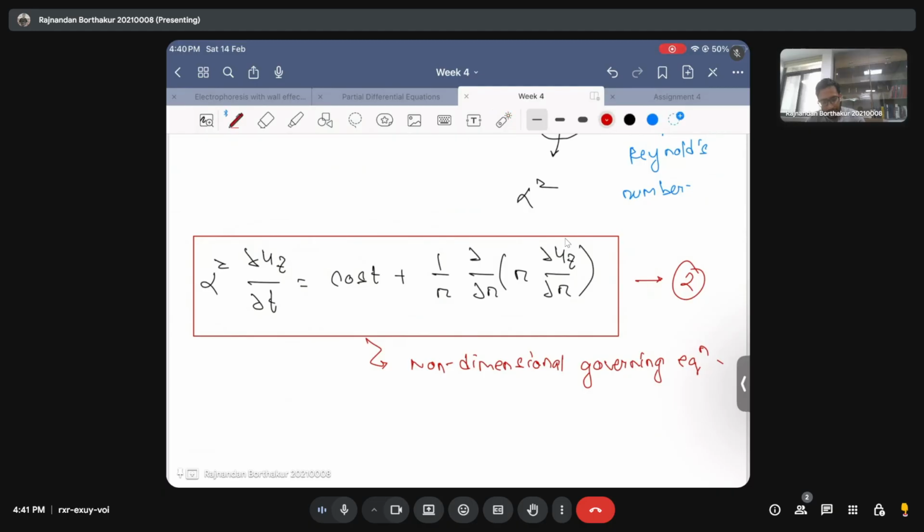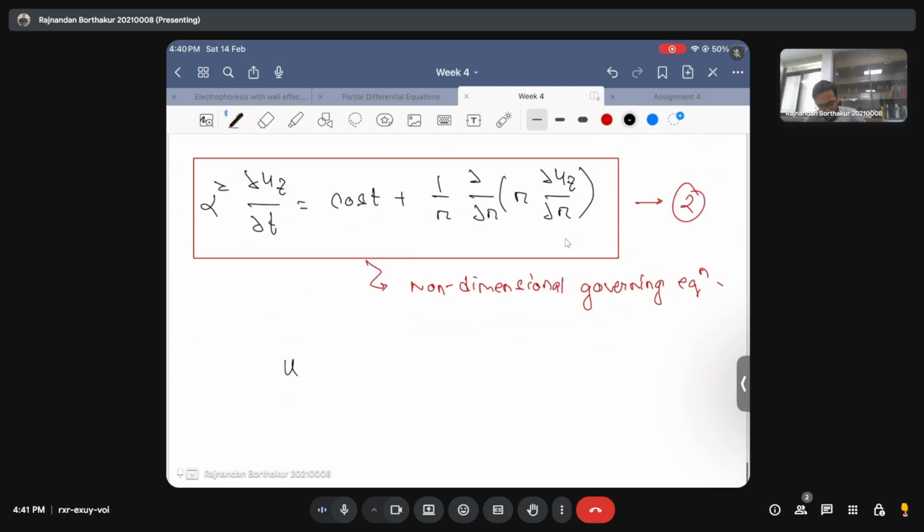As we have done, we will look into a solution of the form uz, which is just a function of r and t, and I'll say that the solution is of the form real part of u hat of r e power it. This is the solution form that we'll assume.